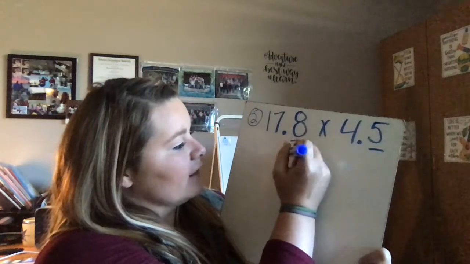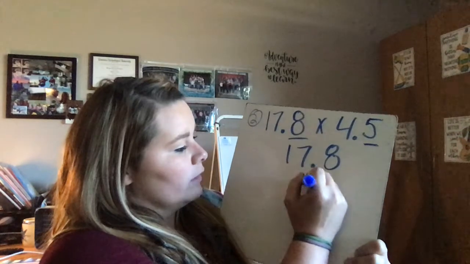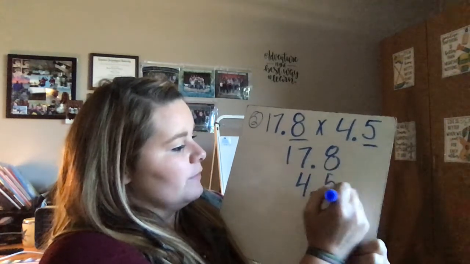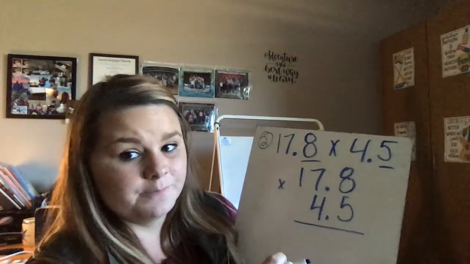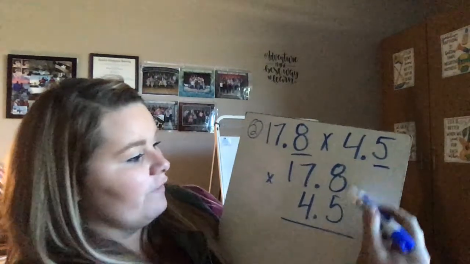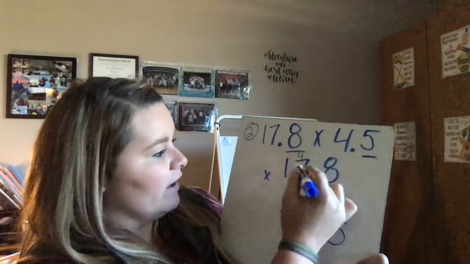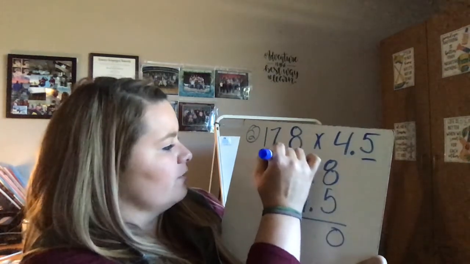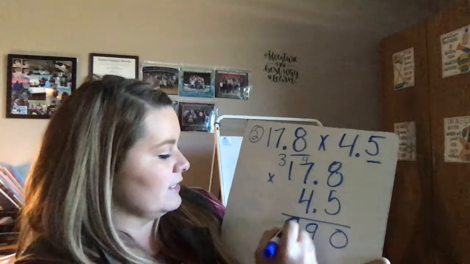So now I'm just going to write these numbers vertically. And remember, we don't necessarily have to line up the decimals because we're just kind of pretending they're not there. So 5 times 8 is 40. 5 times 7 is 35, plus 4 makes 39. 5 times 1 is 5, plus 3 makes 8.